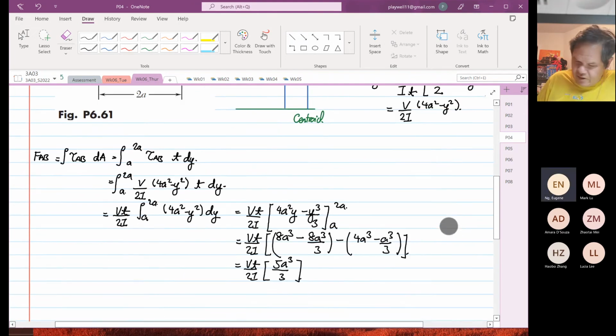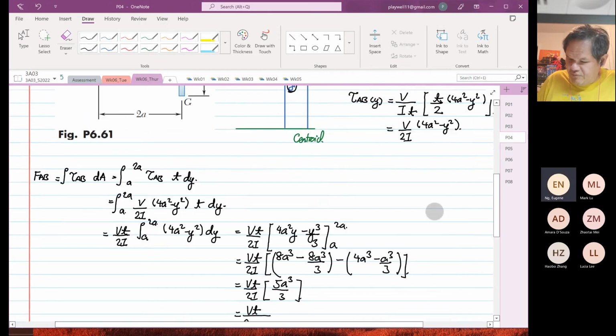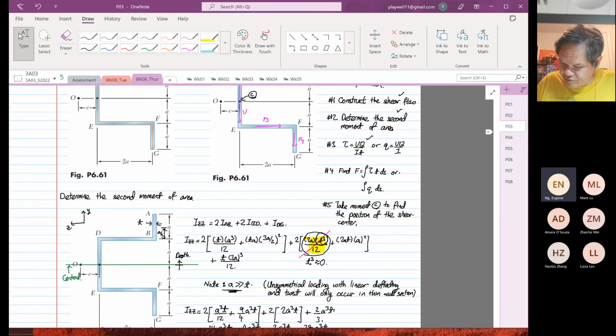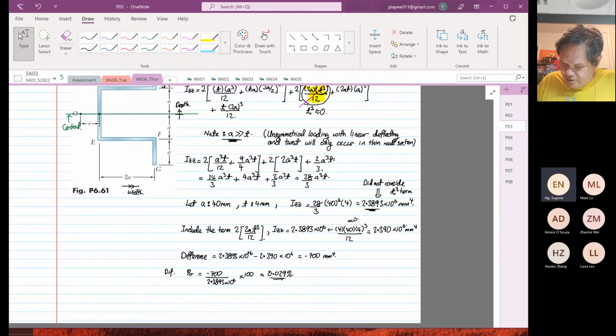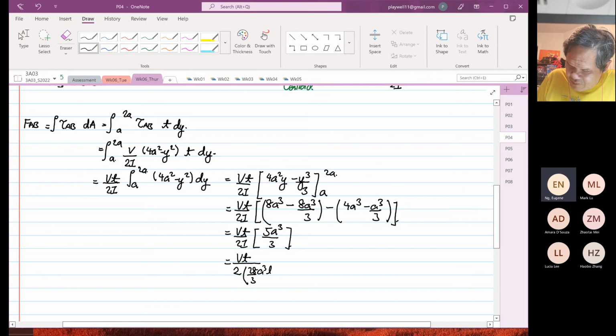Then if we substitute everything including I, Vt over 2, and we found our expression for I is equal to 28 over 3 A cubed t, and then we multiply by 5A cubed over 3.